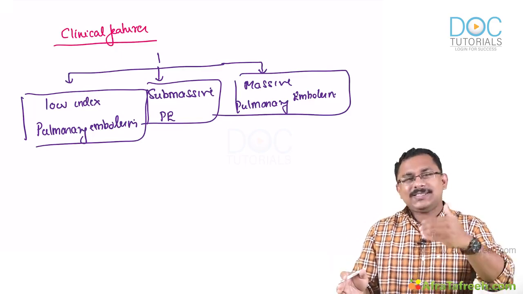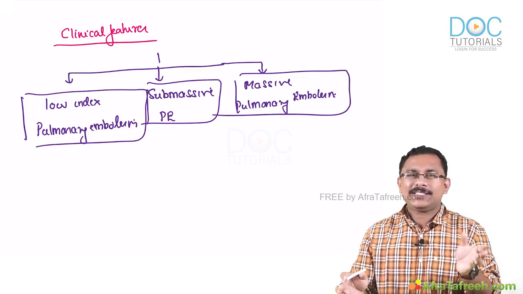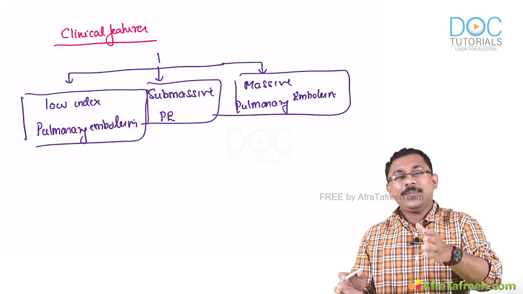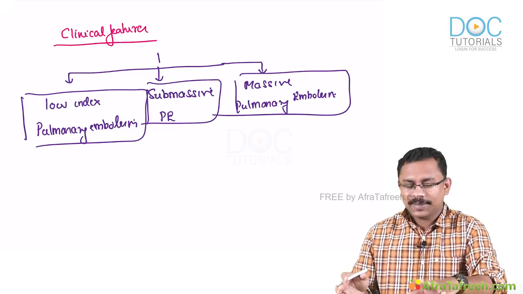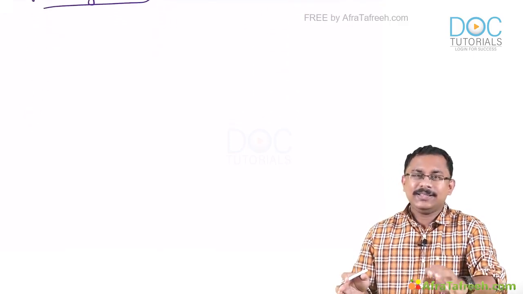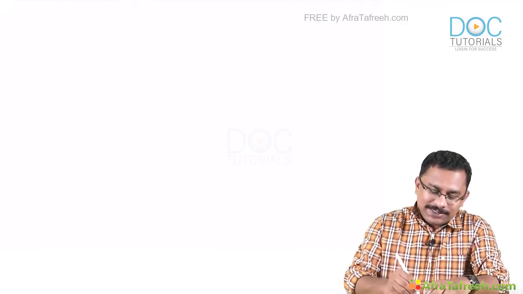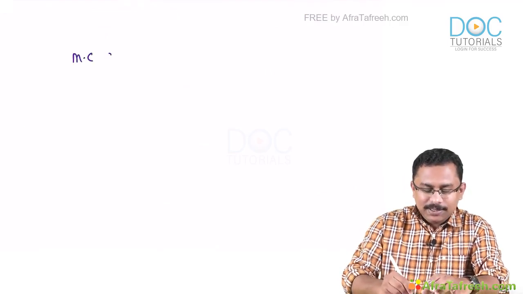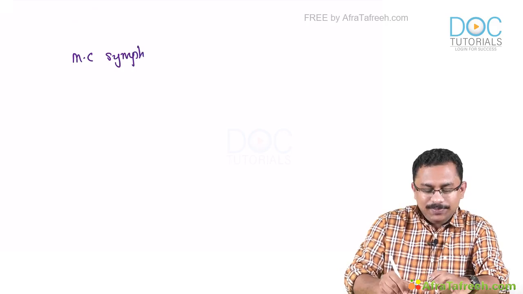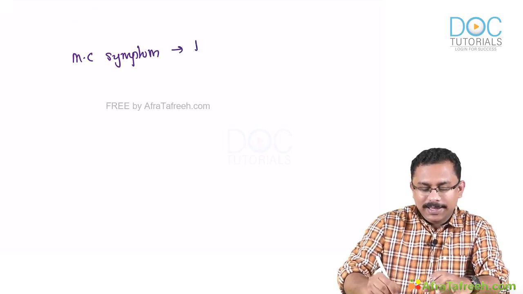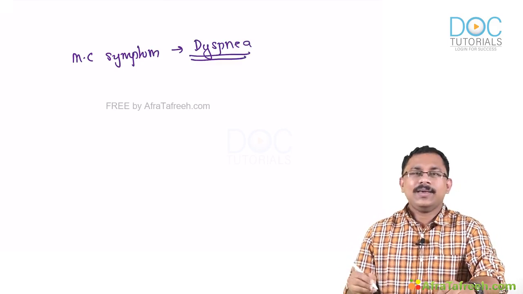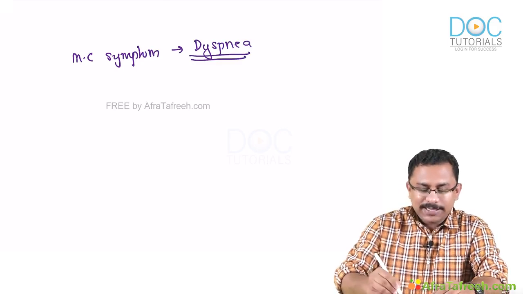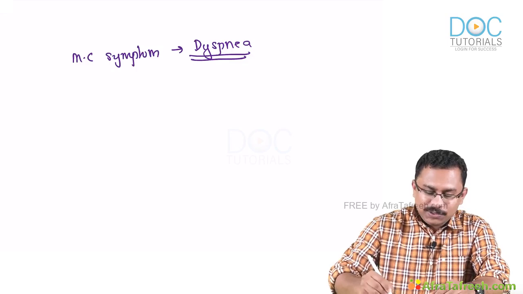A patient who initially might look like a low index pulmonary embolism might then progress to a submassive or maybe even a massive pulmonary embolism. So let's see what the clinical features are. The most common symptom of a patient with a pulmonary embolism would be dyspnea. He may also have symptoms like chest pain.